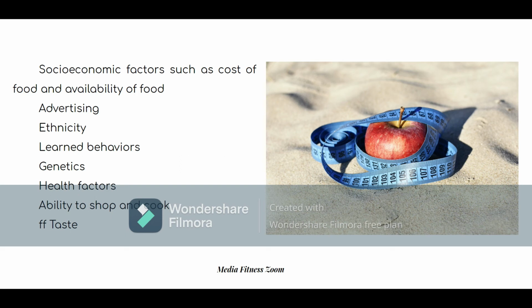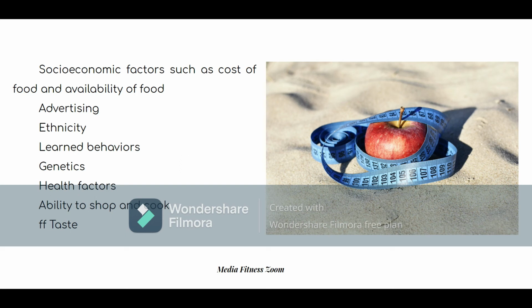We could actually feel ourselves not so happy if we lack some vitamins. That's why socioeconomic factors sometimes can play a very critical role in our choice of food.